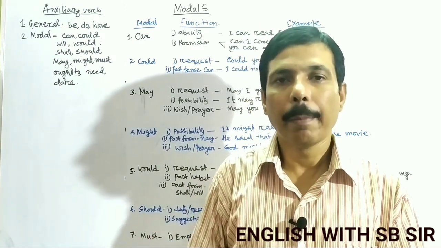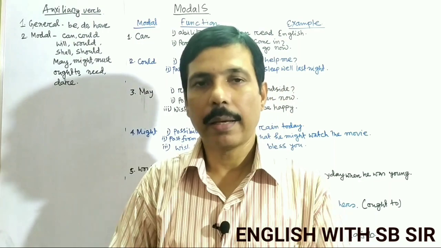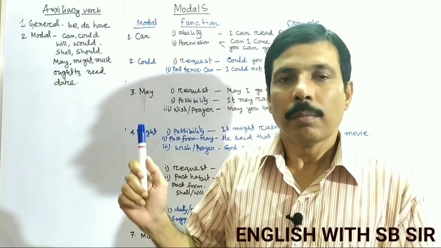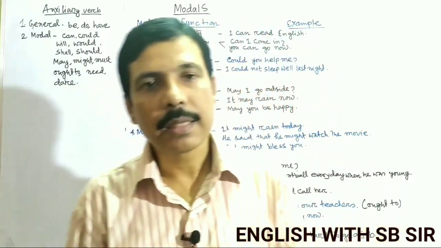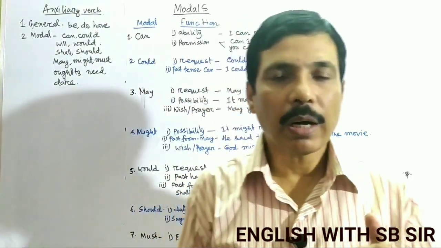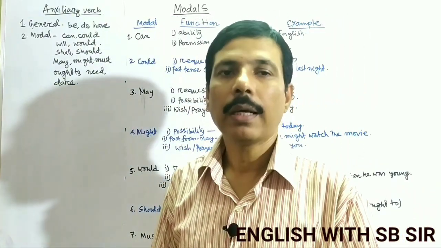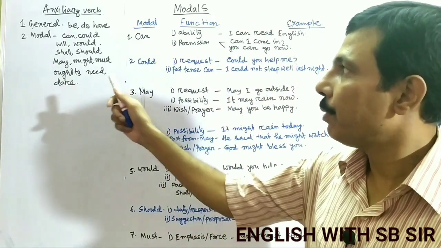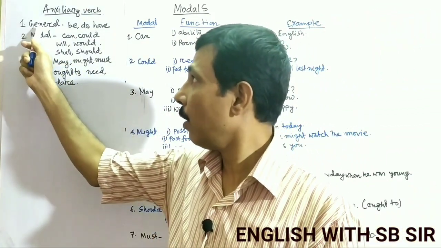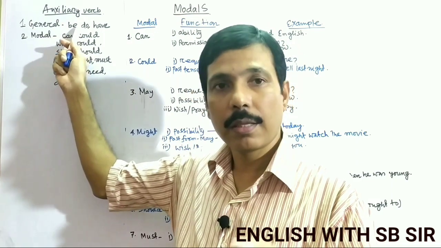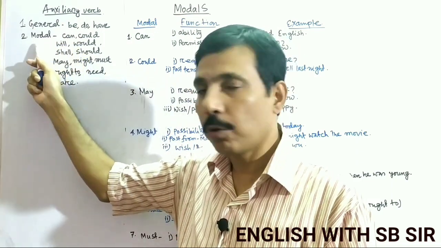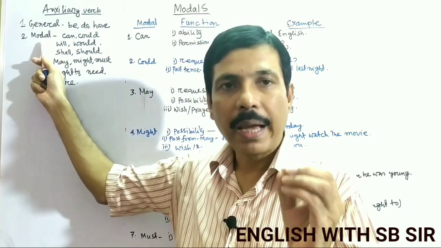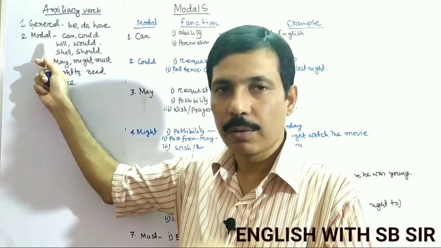But when I say he must walk, here a necessity of his walking is expressed. So after general auxiliaries the main verb may change its form, but after modal auxiliaries only the main form or infinitive form of the verb is used.